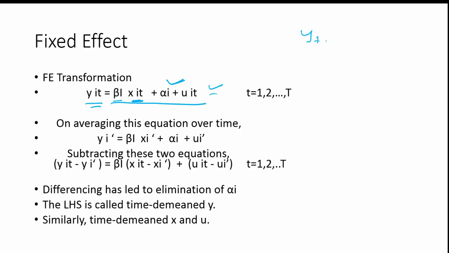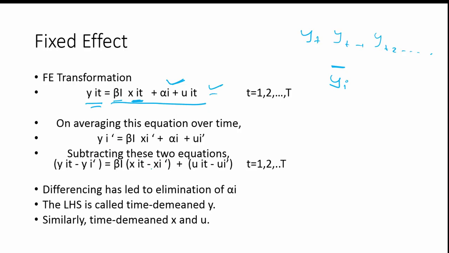So y at t1, t2, up to t7, because we have 7 data points for 7 time periods. If you take the average, you will have only one data point, y bar, which denotes the average, and it doesn't have the t component, it only has the cross section component i. So we have averaged it out over time.